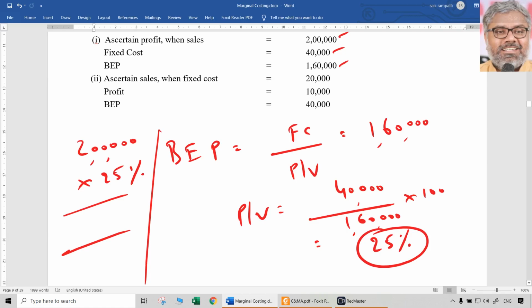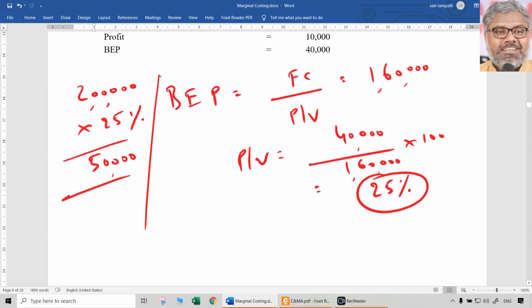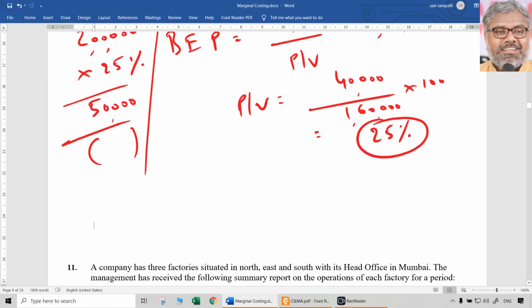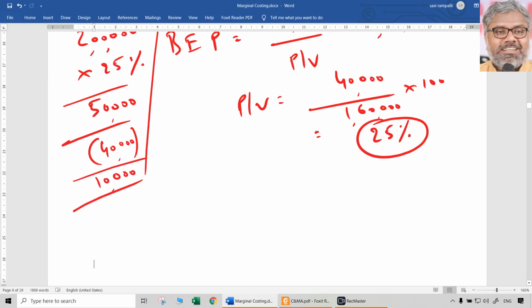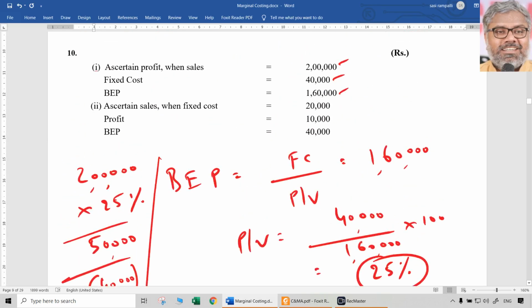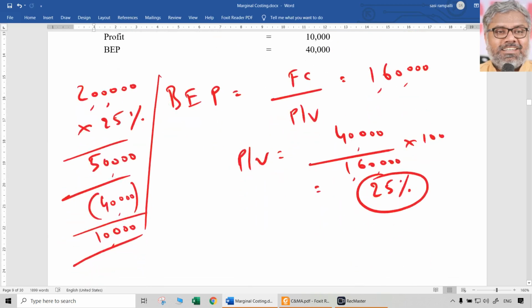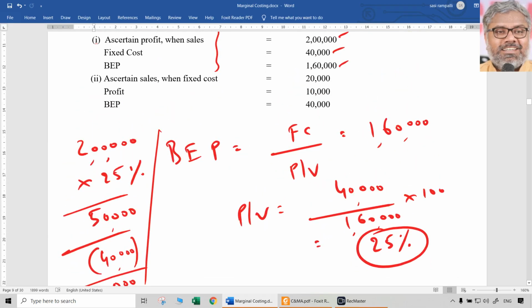So 2 lakhs into 25%, 1/4, that means 50,000. And you have fixed cost 40,000 deducted. So naturally, how much is the profit? That is 10,000. That is what is asked. Ascertain profit when these are the data that is given. Answer is 10,000 for the first question.